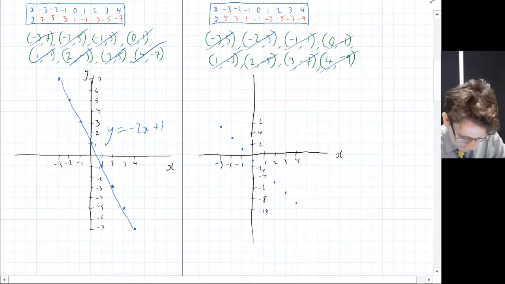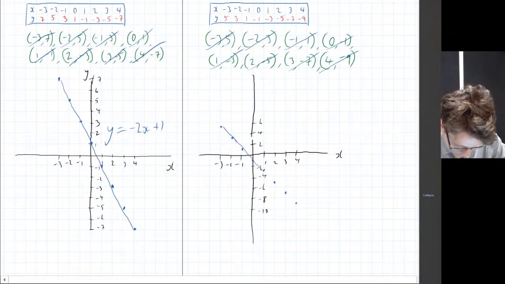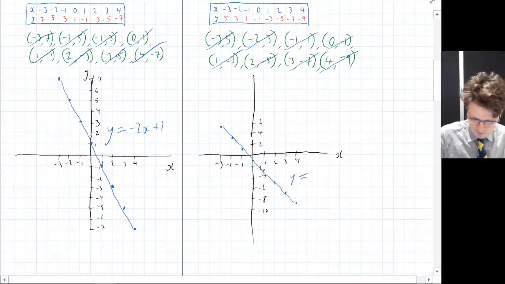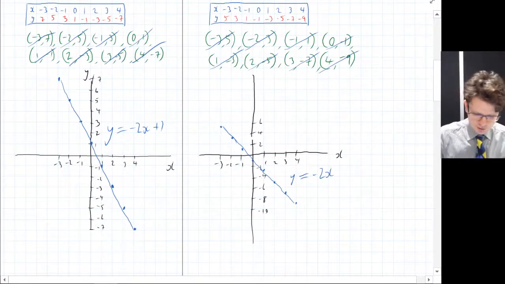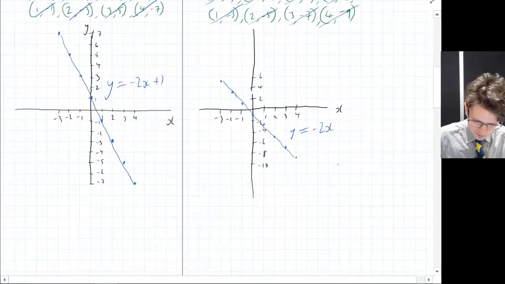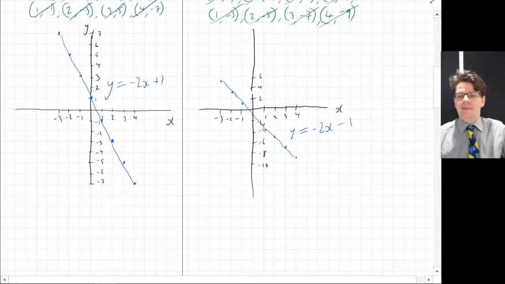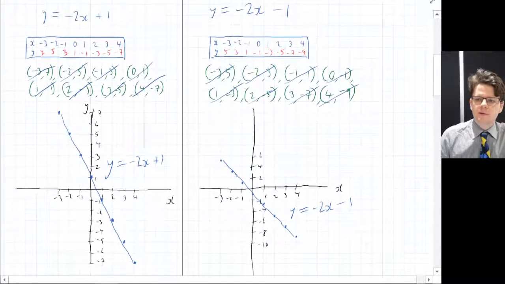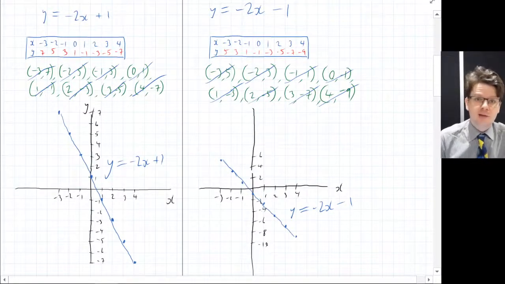That's pretty tough. Y equals minus 2x, and what was yours? It's minus 1, isn't it? Minus 2x minus 1. And that is how you turn a table of values into a graph.